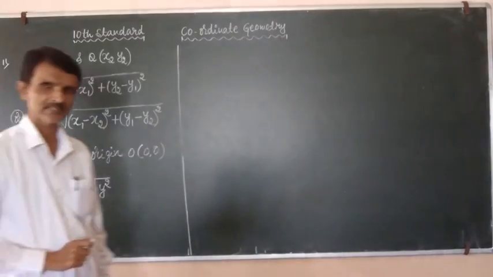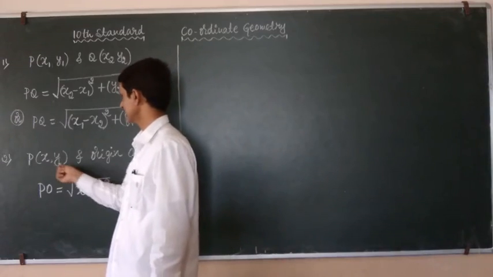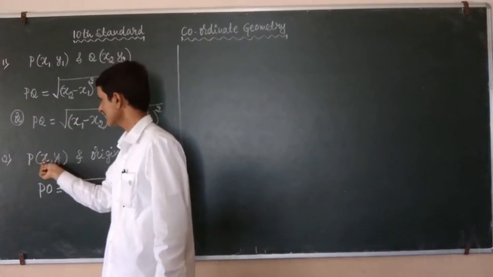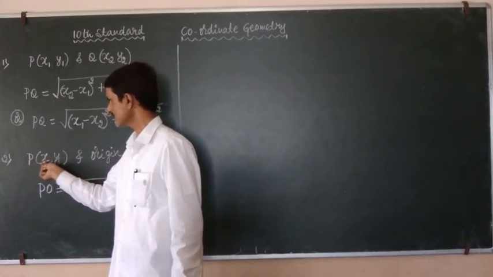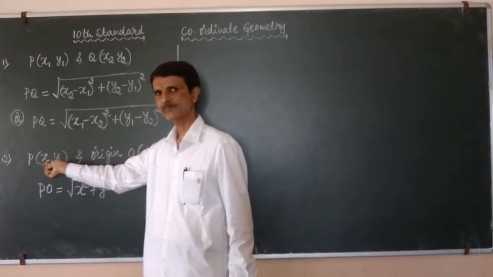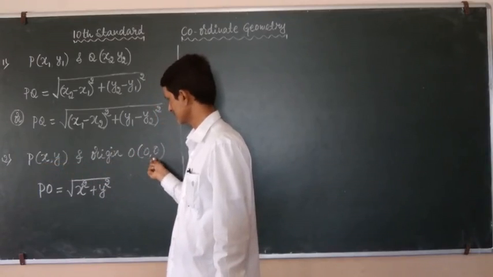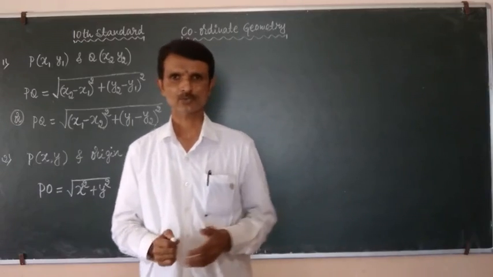Also we have seen the distance between the origin and a point on a plane. Let the coordinates of the point P be x and y. The point at the origin O has x and y values 0 and 0.